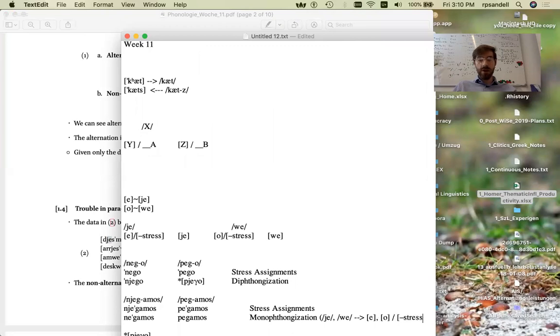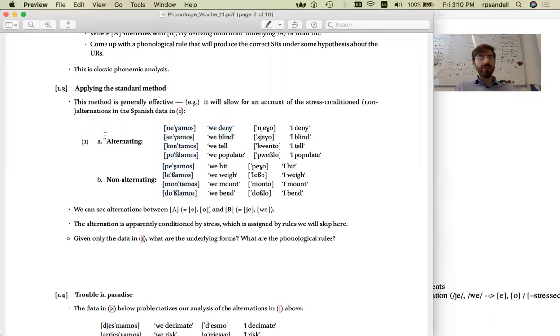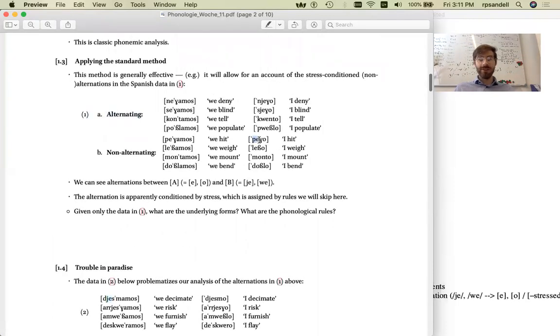So what we can see here is that for the type of alternation that we see in 1a, regardless of which underlying representation we pick, whether we pick an underlying monophthong and derive the diphthong, or we choose an underlying diphthong and derive the monophthong, there will be some exceptions, because the language shows unstressed diphthongs that don't undergo monophthongization, and the language shows stressed monophthongs that don't undergo diphthongization.